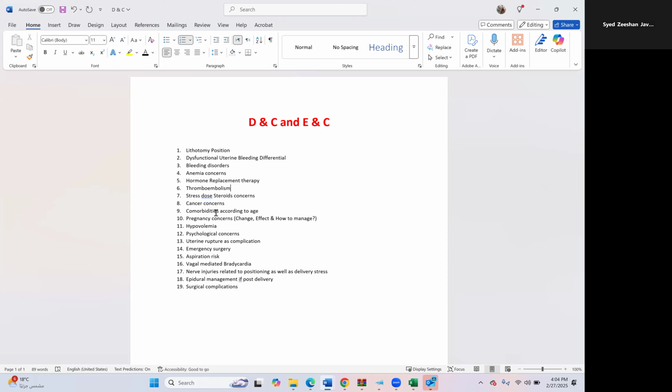Now some points with reference to D&C and E&C which we frequently do, whether for retained products of conception, missed abortion, or episiotomy tear repair, which has almost the same concerns. So pregnancy changes, their effects, and how to manage them. We are reading about this, but we are missing something you should know.